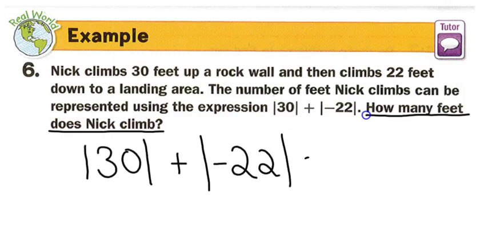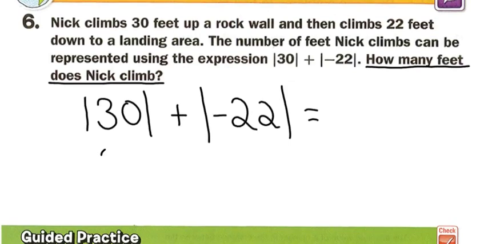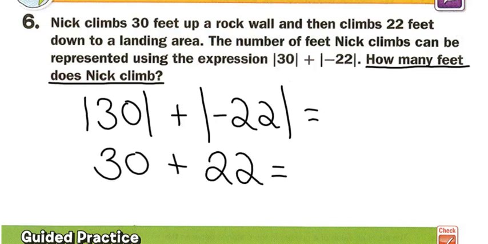When he went up, he went positive 30 feet. So that means he climbed 30 feet. When he went down, which we represent with that negative 22, he's still technically climbing. He's just climbing in the direction down. So really that negative is just denoting our direction. So what's the absolute value of negative 22? Well, it's still 22 units away from 0.